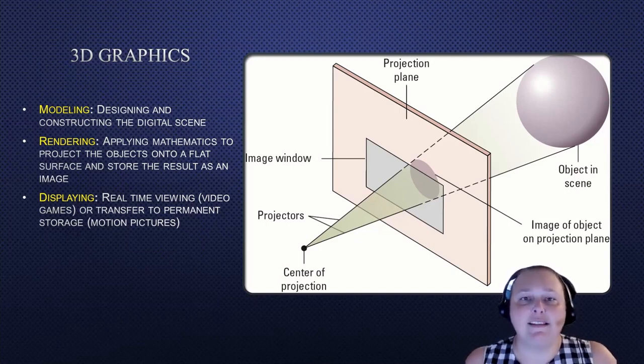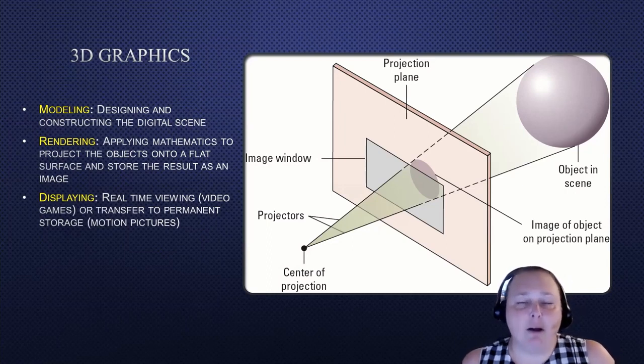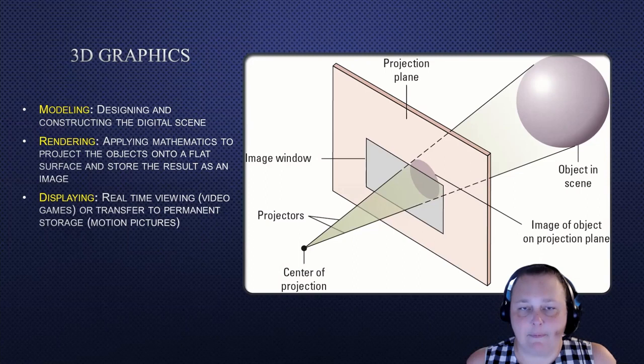So the rendering is the creation of that 3-dimensional object in that 2-dimensional plane. Lastly, displaying is real-time viewing, if we're talking about video games, or transfer to some permanent storage, whether it be a motion picture or how your user is actually going to see it.